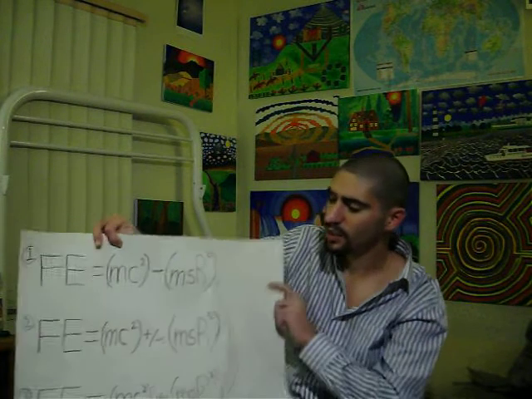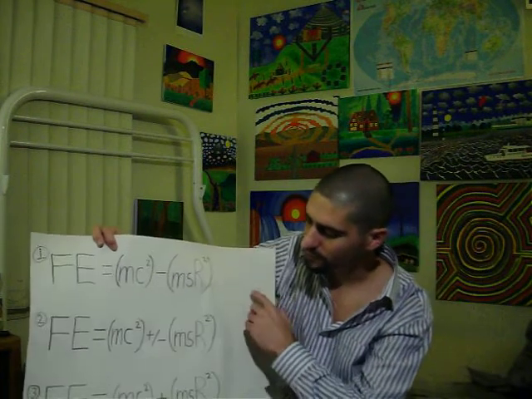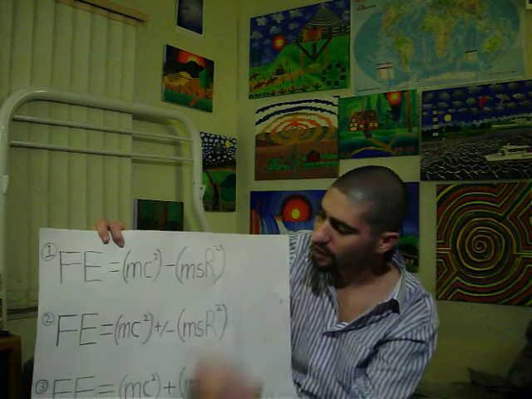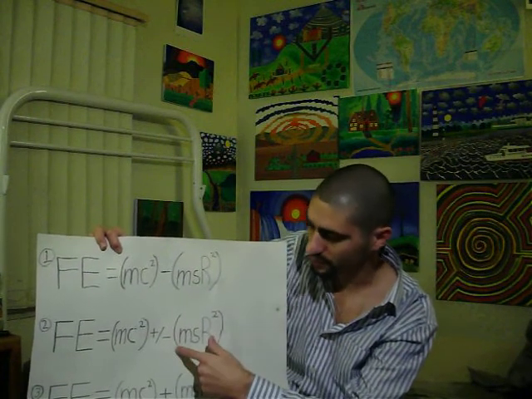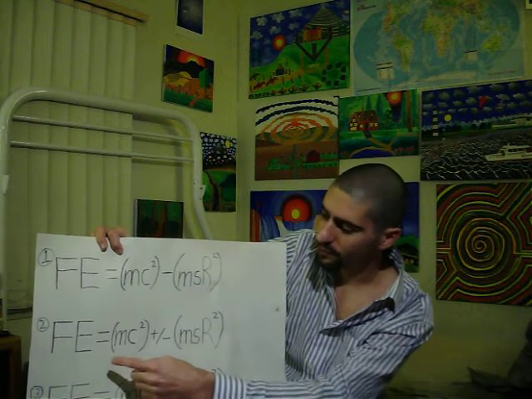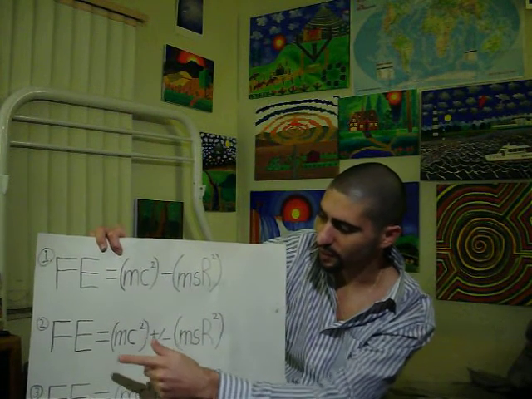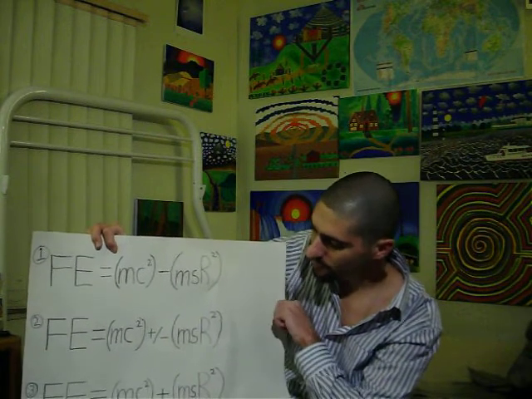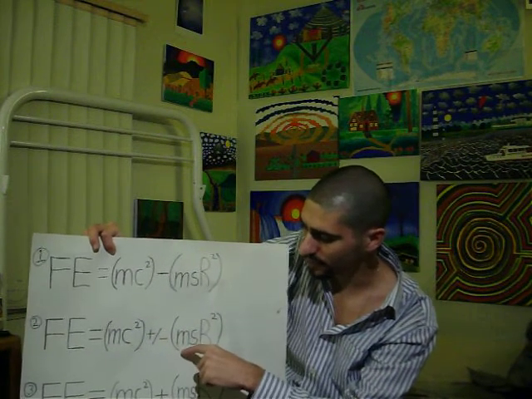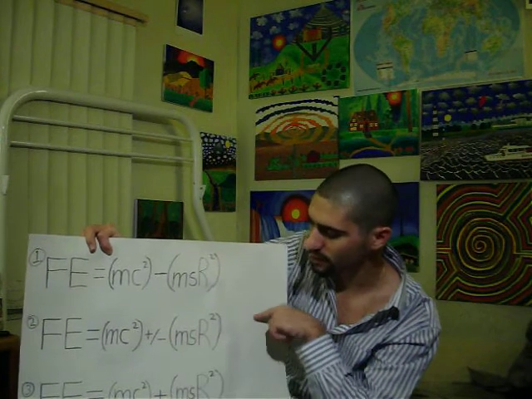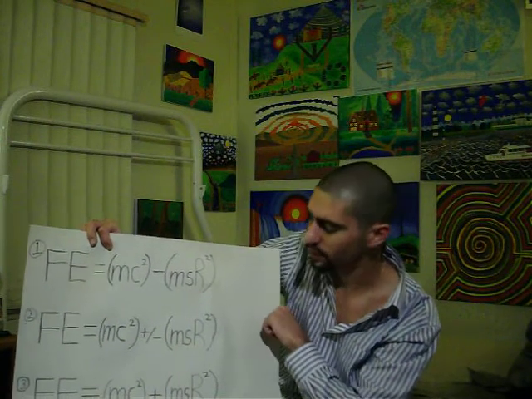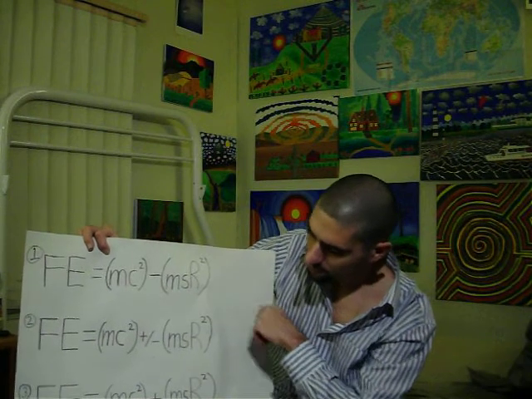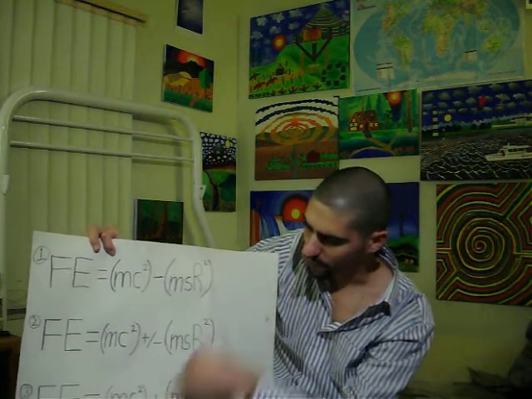Now, as the star evolves, it develops core reactions, core fusionary energies, and this is where the plus or minus comes in. The second form of fusionary energy is mc squared plus or minus msr squared, and this has to do with evolved higher mass stars, most stars that are out in the universe probably. And I'll just go over the third state and then I'll explain the quantum mechanical part.